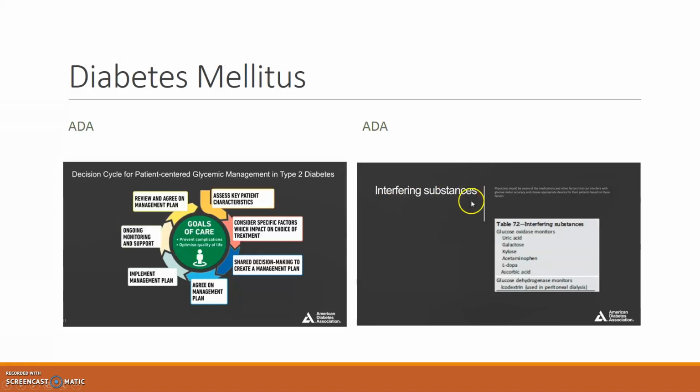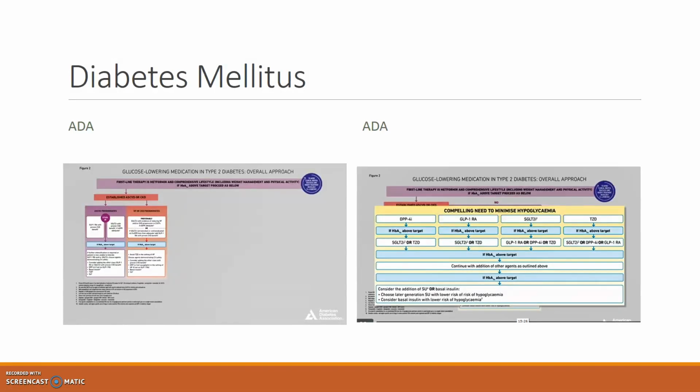And then I also copied, because I learned something, interfering substances when you use your glucometer. If they have these conditions or are taking these medicines, it interferes with their glucometer readings. And I did not know all those until I watched this presentation. And then the last 2 are just some algorithms of treatment, okay?